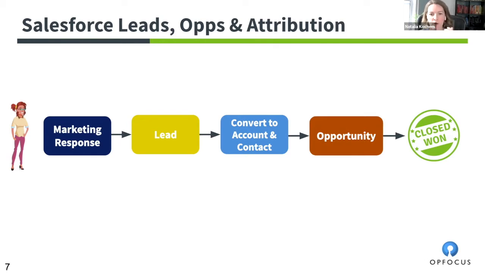They've got a web form that a person has filled out, and that person meets enough of a threshold for marketing to say, push them over to Salesforce. Most marketing automation platforms like Pardot and Marketo will only be able to create these people as Salesforce leads. It will check when it first syncs over, do any of these people already exist in Salesforce? But if they don't, create them as a lead.